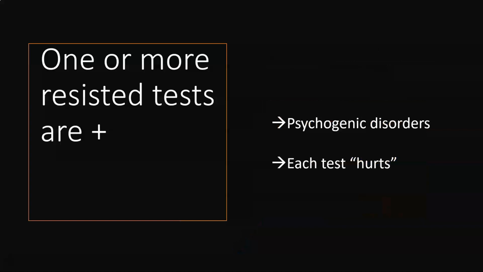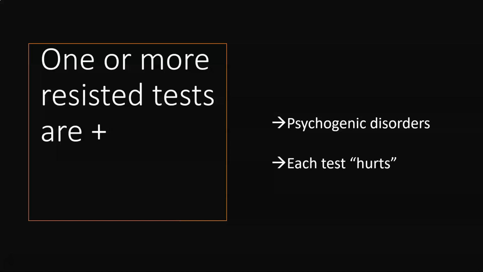And as I said earlier, if 4 resisted tests are positive or even more, this is abnormal. Of course, we have to exclude heavy pathology, but often it happens that actually there's a biopsychosocial background. There are psychogenic disorders.